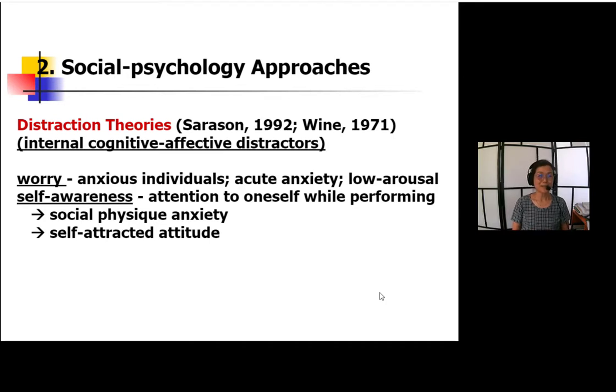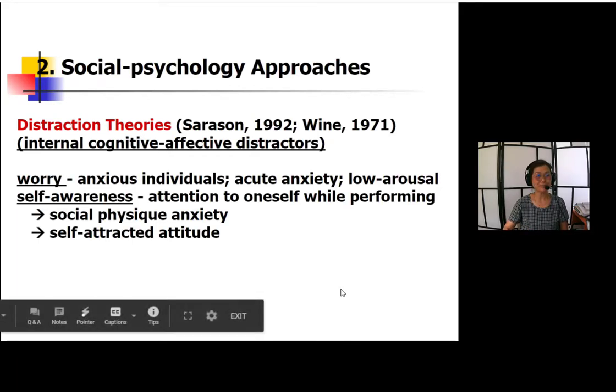Opposite to social physical anxiety is a self-attracted attitude. Some people love their body and come in full makeup when they go to a gymnasium. That's a problem too. Their attention is not on the performance and task. It's on them, their look, their thinking. That is called distraction theories.